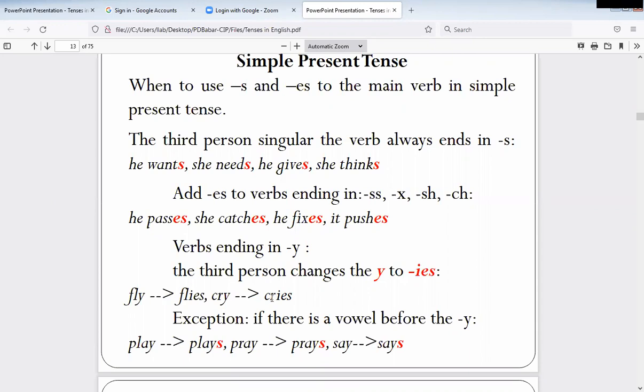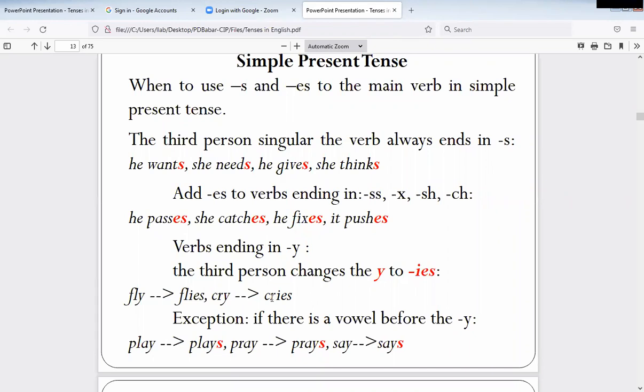So if verbs are ending with double s, x, sh, or ch, we will have to add es as a suffix if we are using these verbs after the third person singular, that is he, she, it. So this is the second condition.